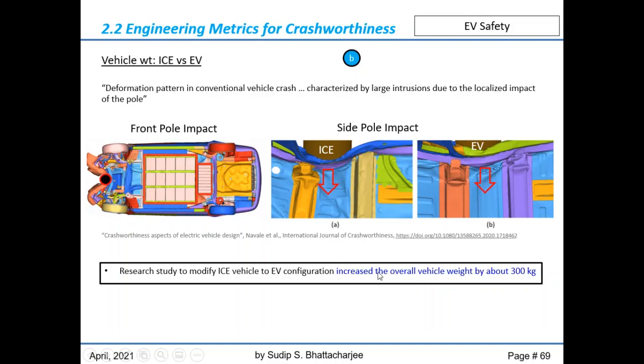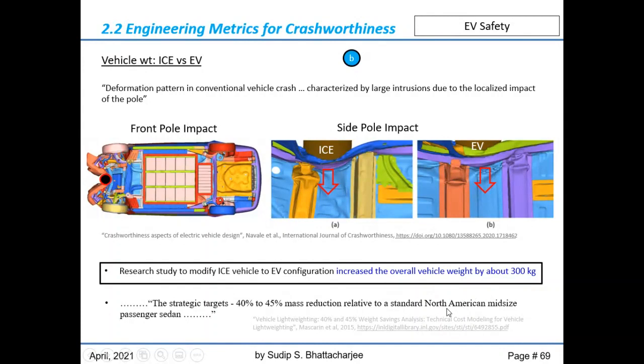That research is not a real vehicle comparison, but nonetheless they started with a conventional vehicle, added the battery mass and some structure for protection of it, and came up with the conclusion that for the same configuration and size, the EV is 300 kilogram heavier than the ICE vehicle.